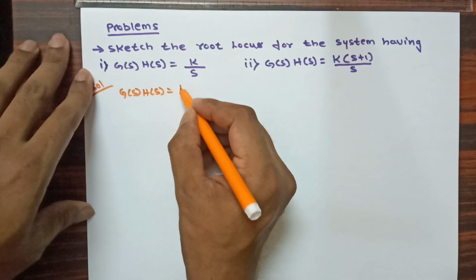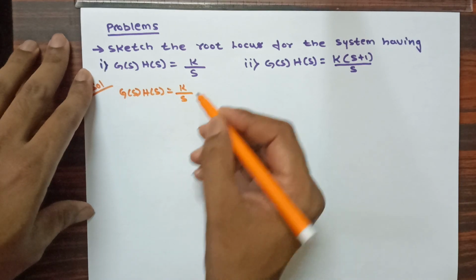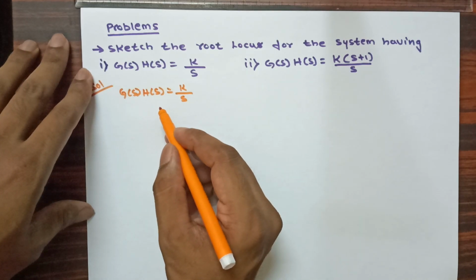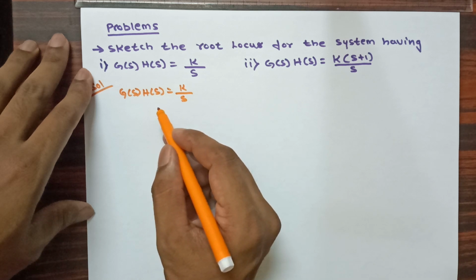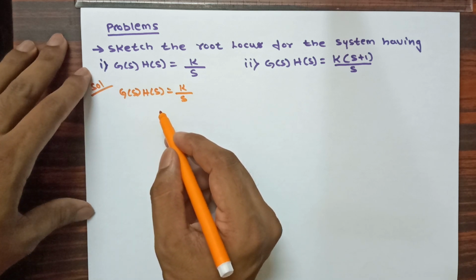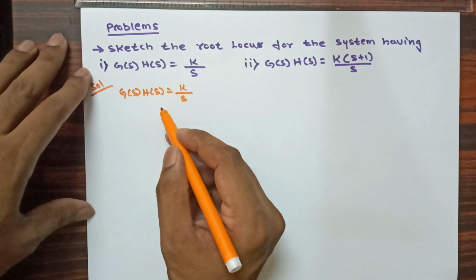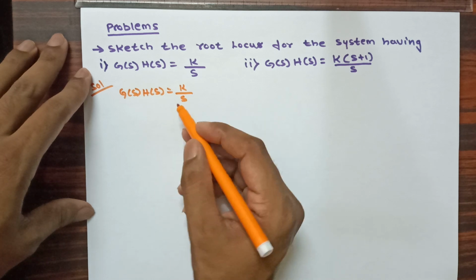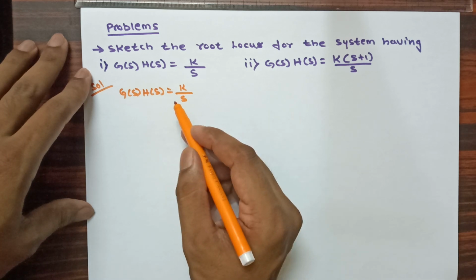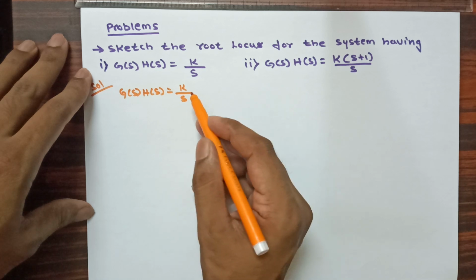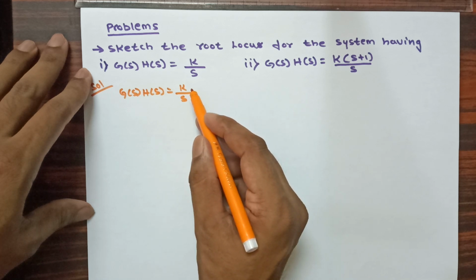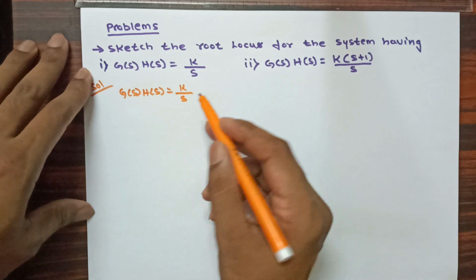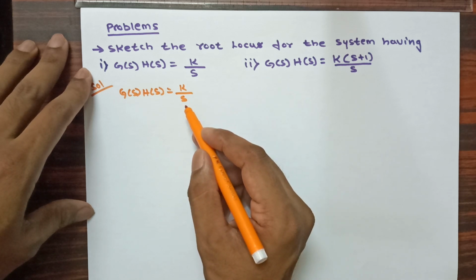Given open loop transfer function G(s)H(s) is equivalent to K by s. For this we need to sketch the root locus. To sketch the root locus, first we need to identify the number of poles and zeros. As we know, in the open loop transfer function, the numerator s terms are considered as zeros and denominator s terms are considered as poles.